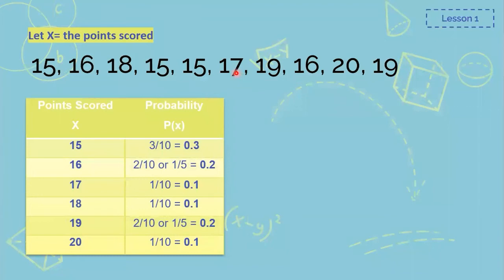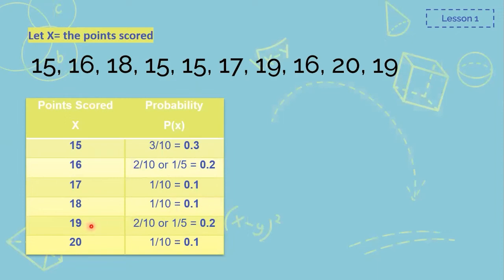For the first outcome, there are 3 out of 10 students who scored 15. Thus, the probability will be 3 over 10, or if we convert it into a decimal, it would be 0.3. 2 students got a score of 16, which gives the probability of 2 over 10 or 1/5 in lowest term, or 0.2 in decimal. This is followed by 1 student who scored 17 and 18 each, which resulted in 0.1 probability.